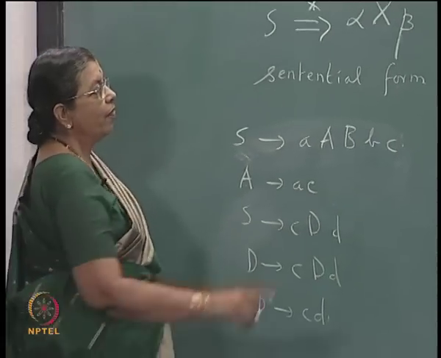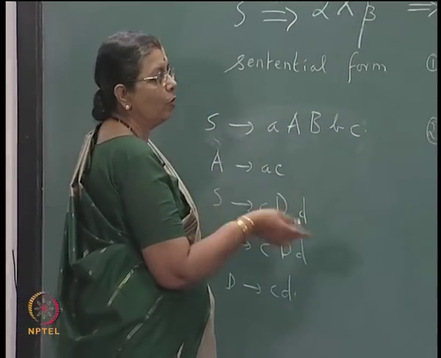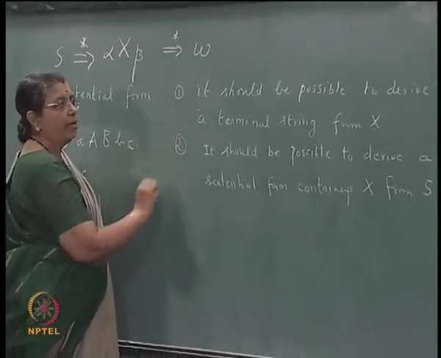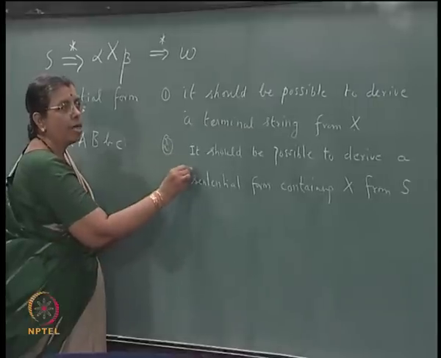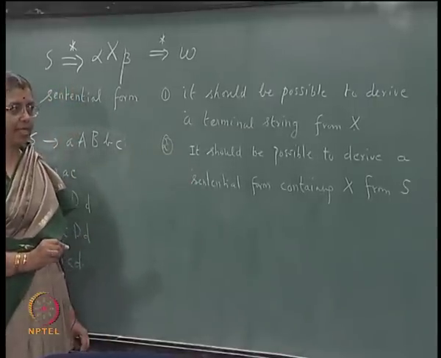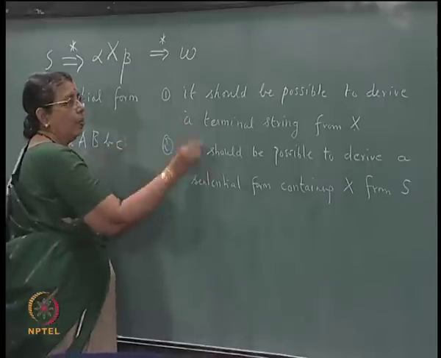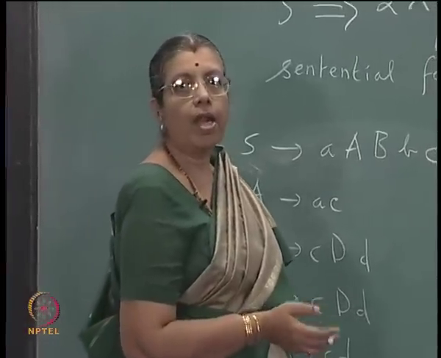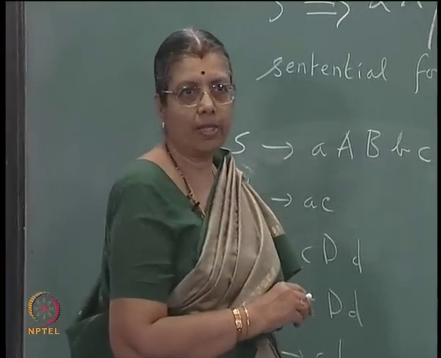So, if a symbol is useful, then it should be possible to derive a terminal string from X, and it should also be possible to derive a sentential form containing X from S. But these two conditions put together will not imply that the symbol is useful.